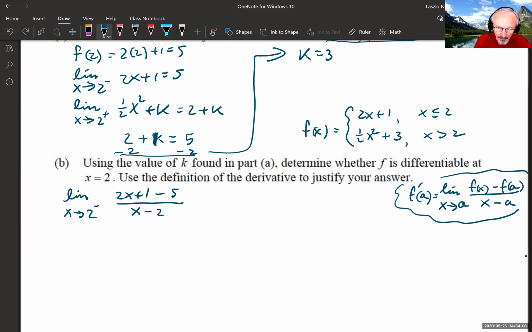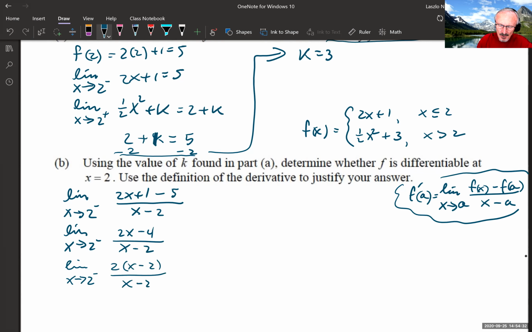This, of course, simplifies to the limit as x approaches 2 from the left of 2x minus 4, all over x minus 2. And I see you smiling already. You're saying, okay, we're simply going to factor out a 2, which gives you an x minus 2 on top, and the x minus 2 that's causing us grief in the denominator, because if we plug in directly to evaluate the limit, we would get 0 over 0.